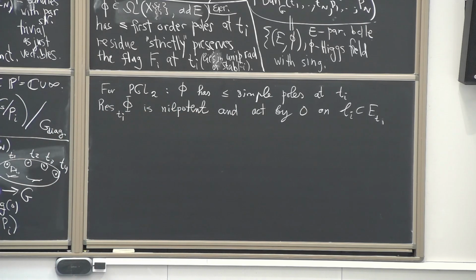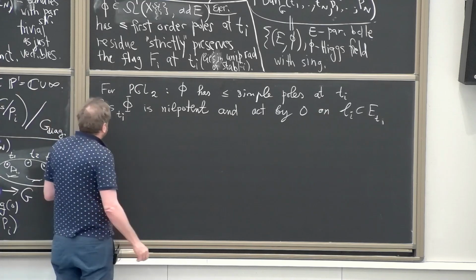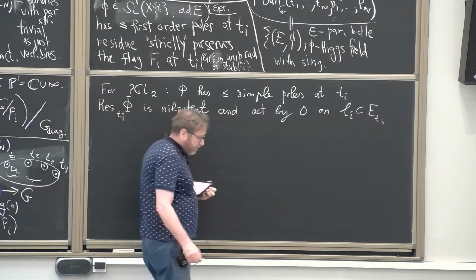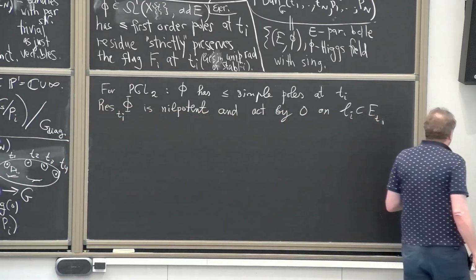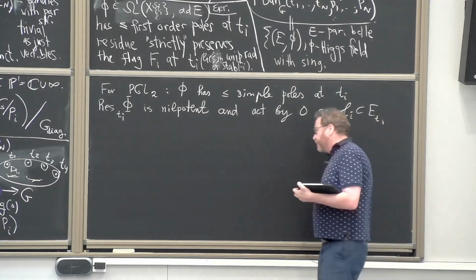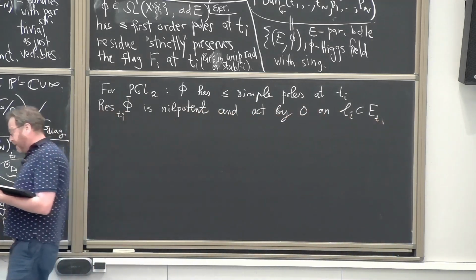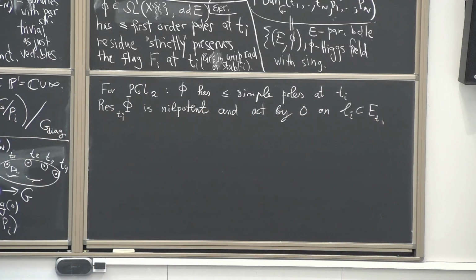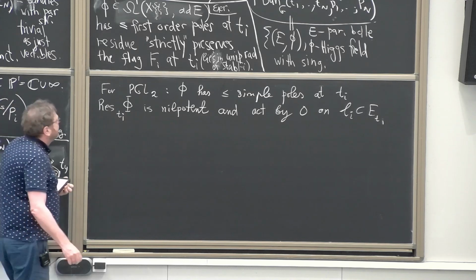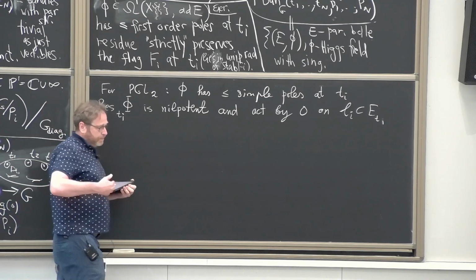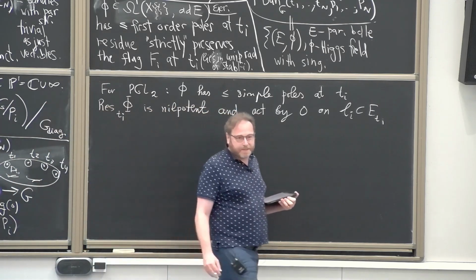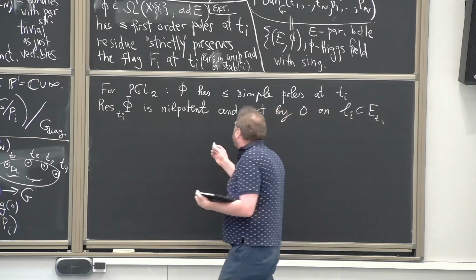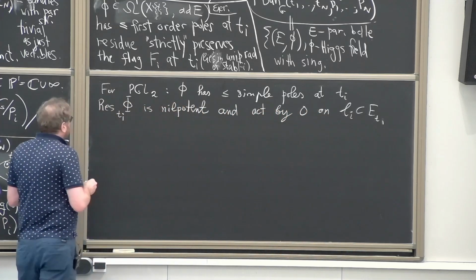But of course, when we take the residue, we obtain just an element of endomorphisms, and so this makes sense. And in fact, it doesn't even matter, because this condition matters only up to scaling. So it really doesn't matter.